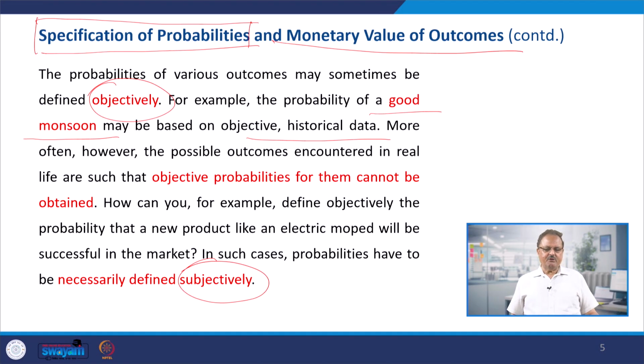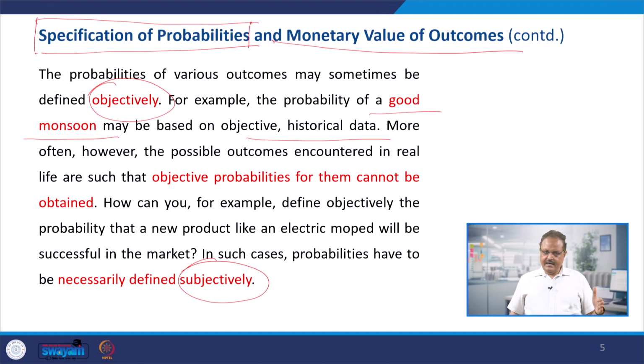For example, the probability of a good monsoon may be based upon objective or historical data. More often, however, the possible outcomes encountered in real life are such that objective probabilities for them cannot be obtained. Because if the past data is not there, you are not able to understand how things have been happening in the past and how things will happen in the future.